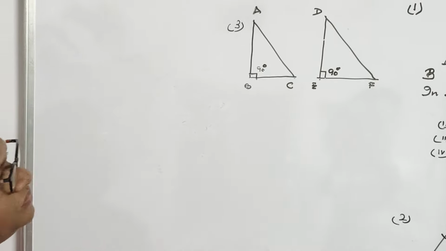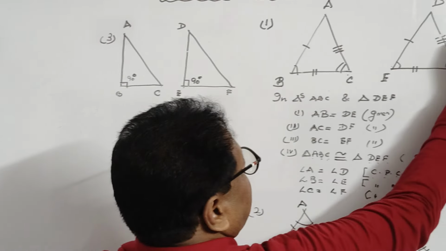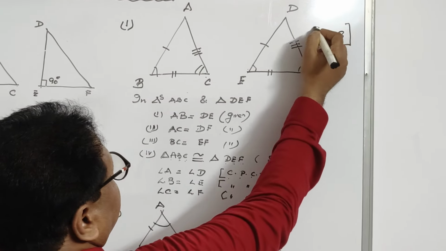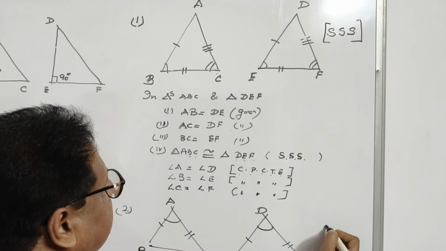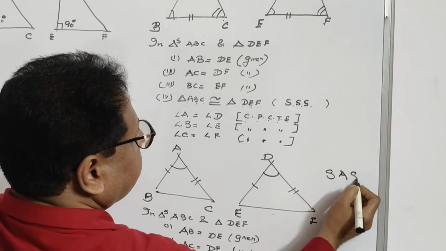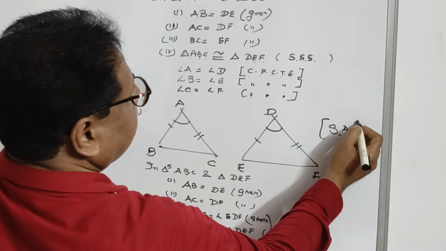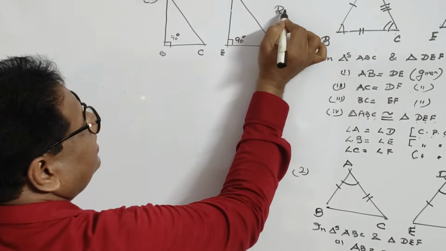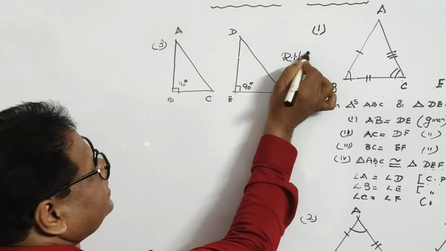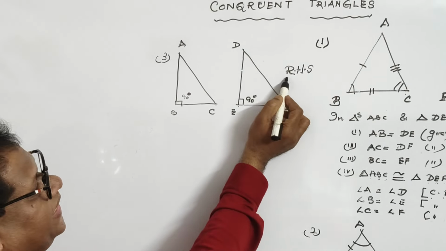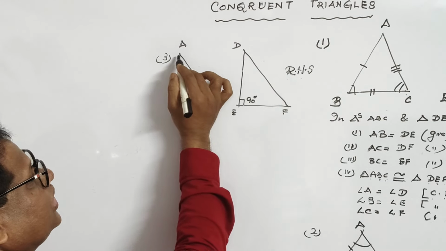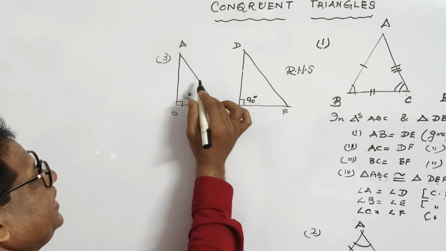Here the first condition was SSS. Here the second condition was SAS. And the third condition now we are discussing, RHS. The full form is R for right angle, that is for 90 degree, H for hypotenuse. Now hypotenuse is the side opposite to 90 degree.